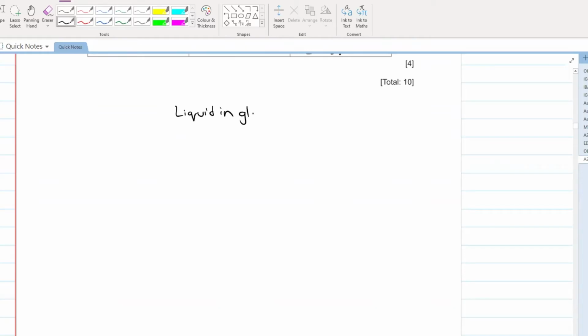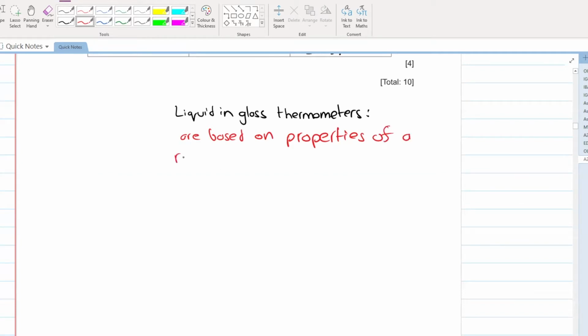Liquid in glass thermometers are based on the properties of a real liquid.